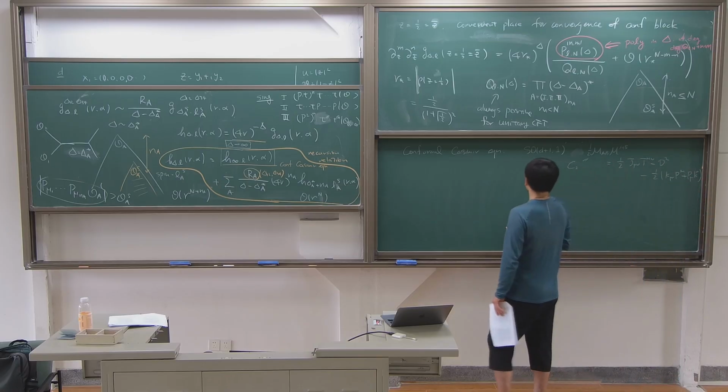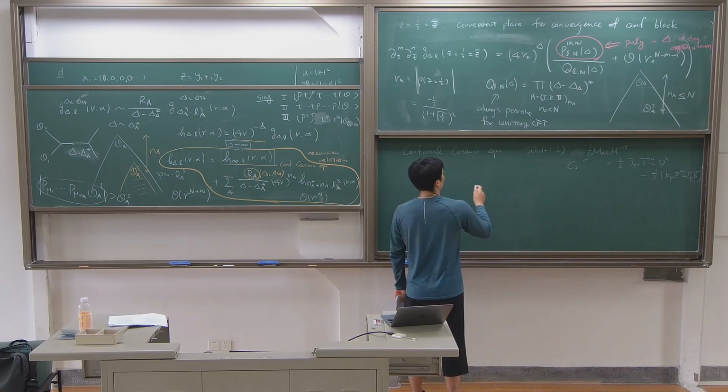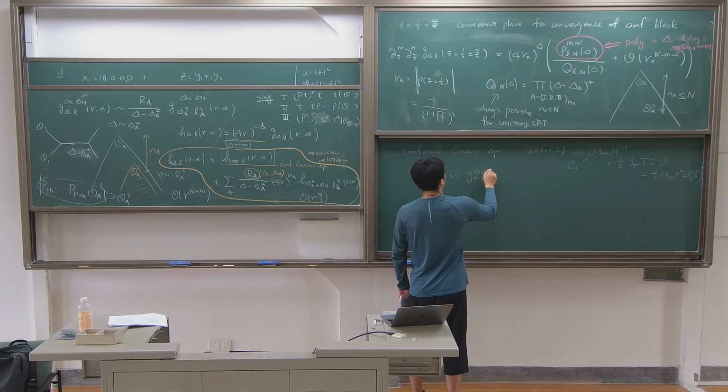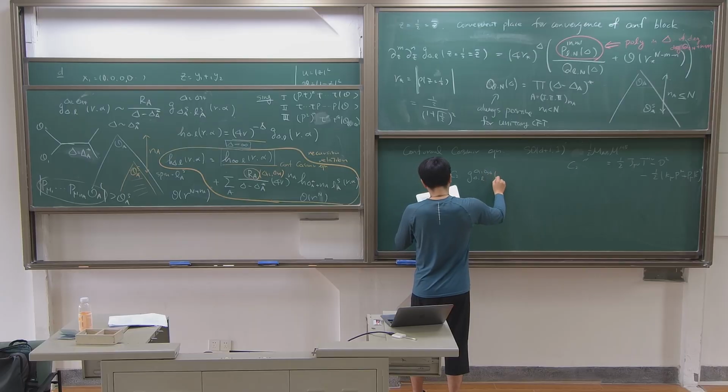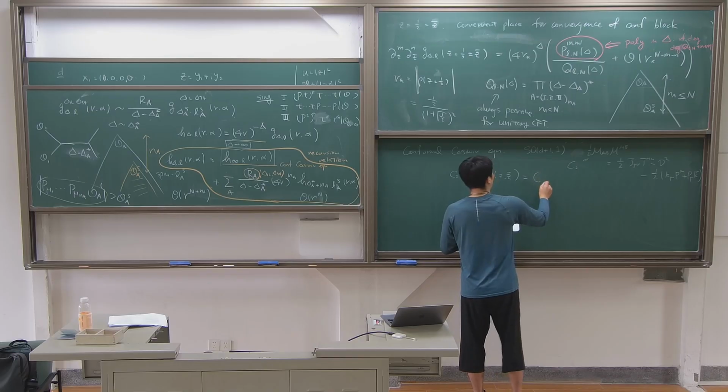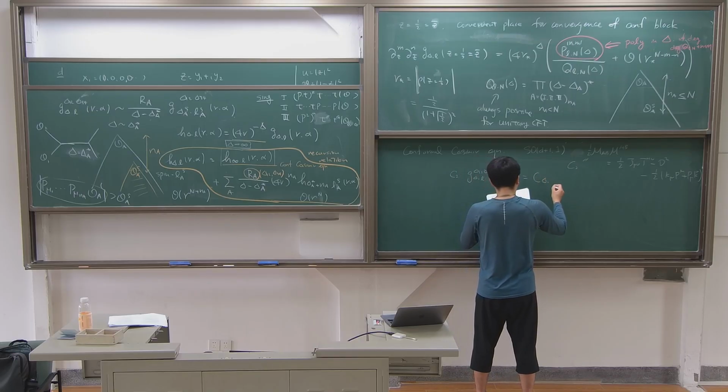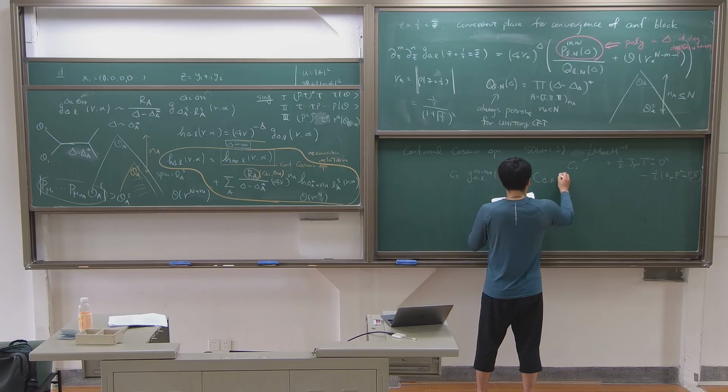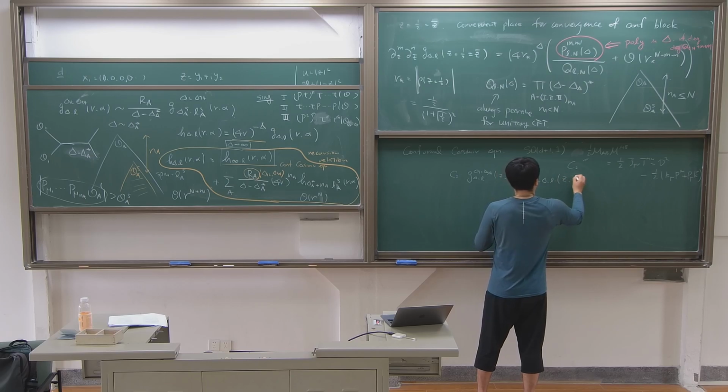And this can act on the conformal block. So the C2 can act on the conformal block G delta L, delta 1, 2, delta 3, 4 of z and z bar.